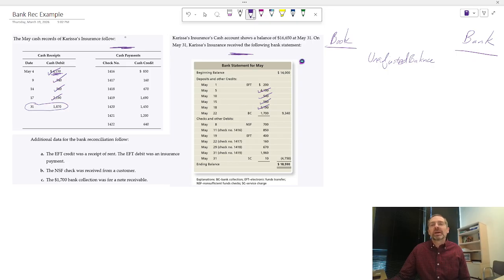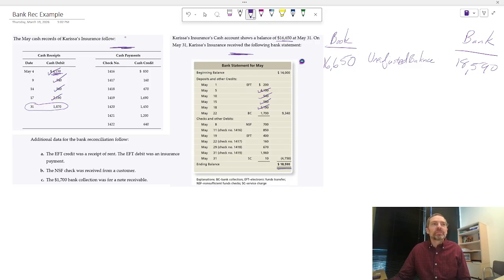So the unadjusted balance is, what does the bank statement say, and what do our books say? Our books say we have, at the end of the month, and I want to make that clear, this is on May 31st, $16,650, and our bank says we have $18,590. Neither of those is right. We're going to find the right number.